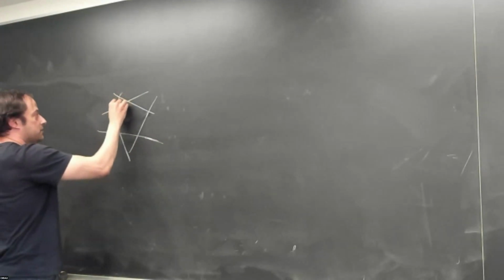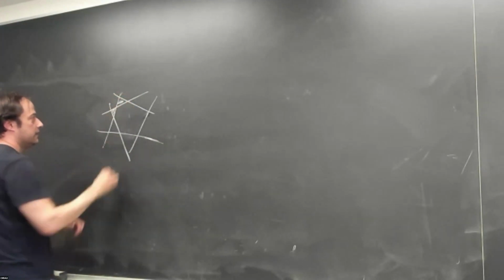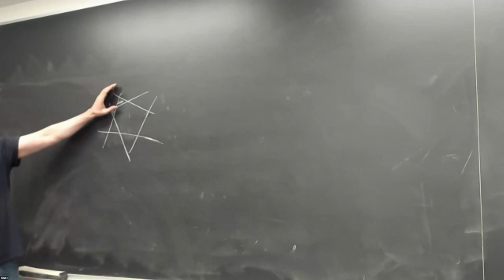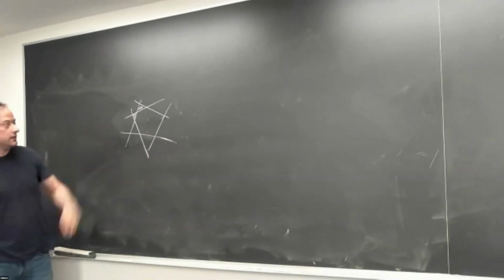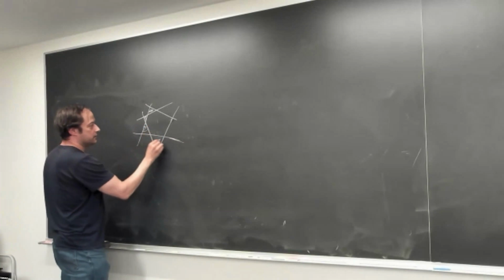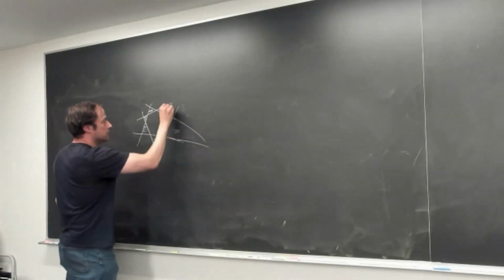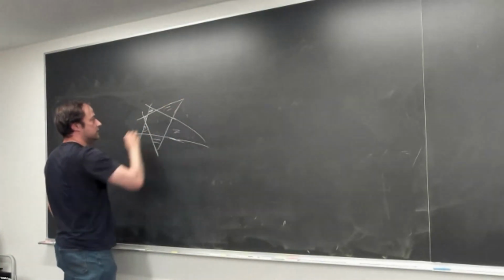Well, I'm going to take each triangle here, and when each triangle shrinks to a point, that sends me to a boundary of that particular cell in moduli space. So we have 1, 2, 3, 4, 5 boundaries.